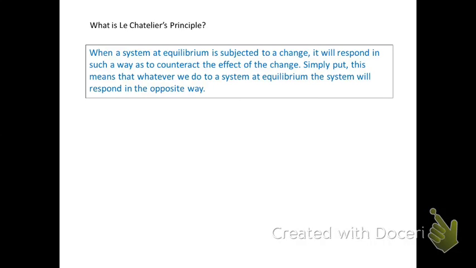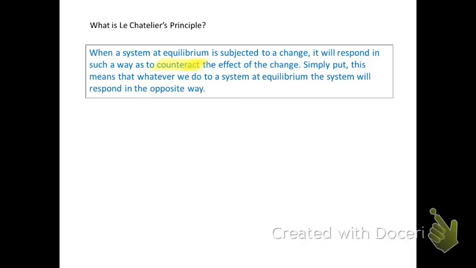Now, Le Chatelier's principle pretty much is this following statement here, which should be written down in your notes. It says, when a system at equilibrium is subject to a change, so we've already established an equilibrium, and it goes through a change, it will respond in such a way as to counteract, and that's an important word that I would highlight, counteract the effect of the change.